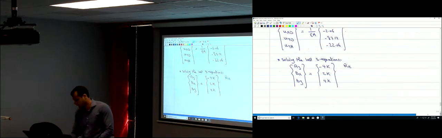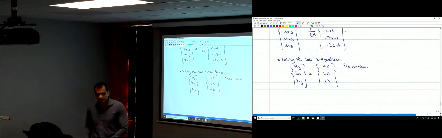You have AX, BX, BY. They're going to be equal to negative 4K, 2K, 4K. Those are the reactions. Okay?